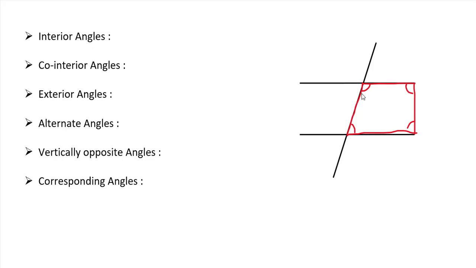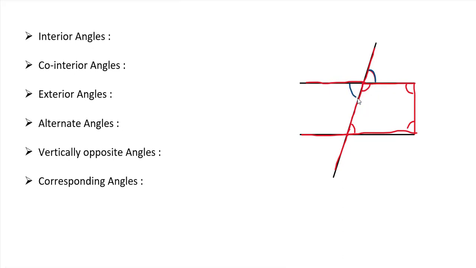So what is exterior angle? If I extend the sides of this rectilinear figure, I have extended each of the sides of this rectilinear figure, the angle formed by the extended side with one of the sides of the figure is called an exterior angle. So this angle, let me use a different pen, this angle will be an exterior angle.